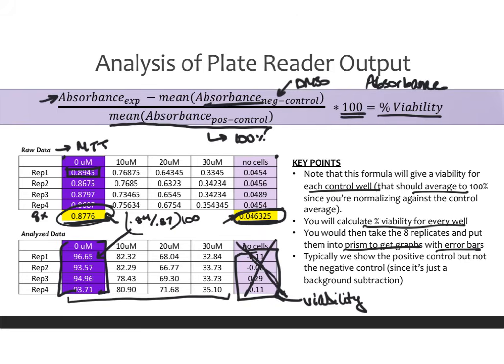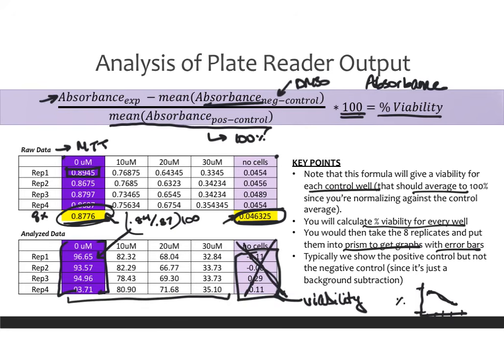And typically we show this on a line plot, so it will look something like these are your percent viabilities here, and then these are your doses, and this one would probably look like, let's see, 0 has like a 90% viability, and 30 has like a 30% viability, so probably something like that would be what your graph looks like.